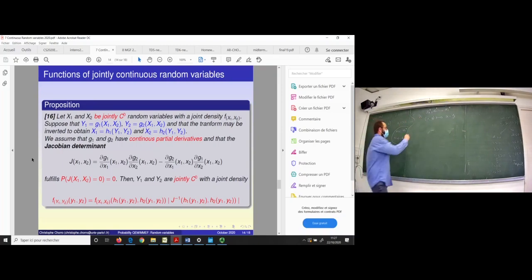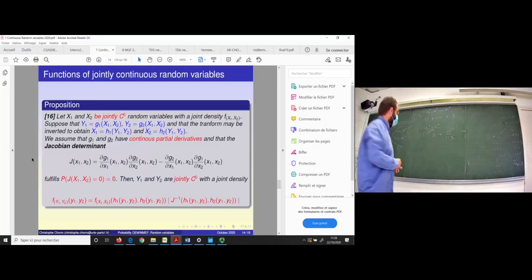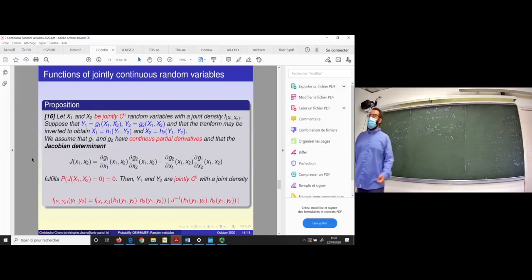For G2, from R plus star times R plus star, X, Y, X over X plus Y. And here, keep in mind that R plus star here and R plus star here are coming from R plus star here and R plus star here. It's the set of the possible values for capital X and capital Y. And this one, I had just said that it takes values in the open interval 0, 1.